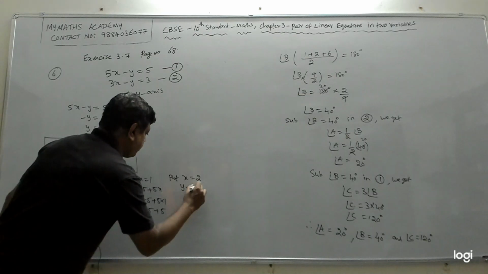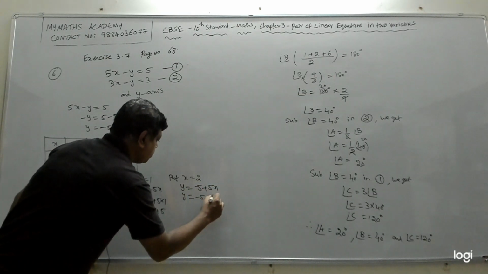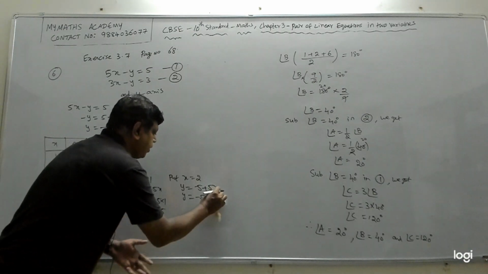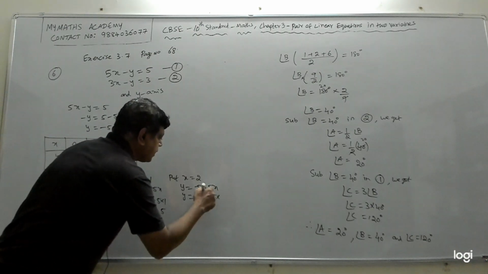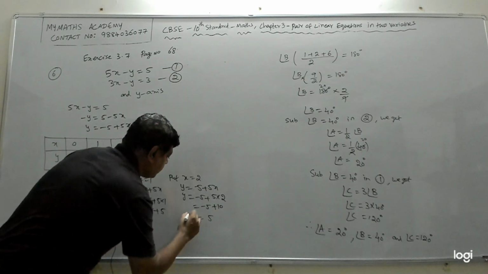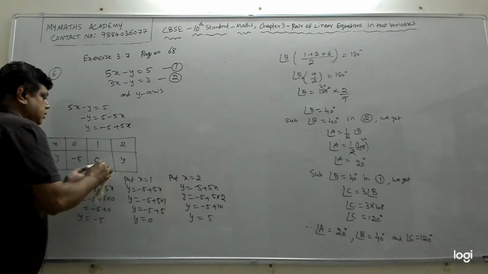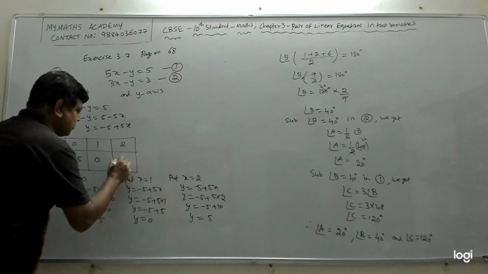Then y equals minus 5 plus 5 into 2, which is minus 5 plus 10, which is 5. So when x is 2, my y becomes 5.